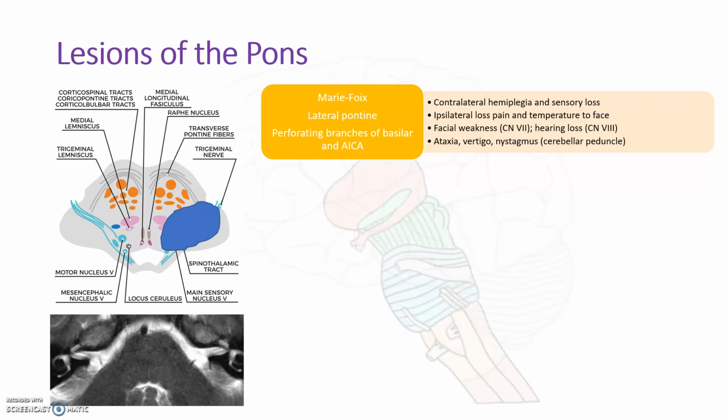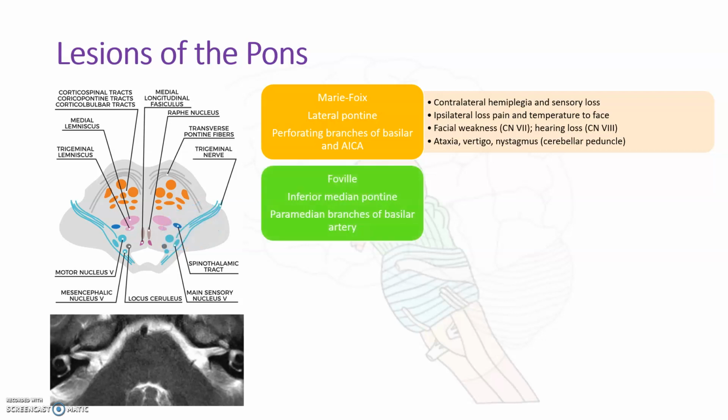As we said, the pain fibers do not cross over, so you get ipsilateral loss of pain and temperature sensation, particularly to the face. The seventh nerve nucleus may be affected, so you get facial weakness, and then hearing loss because the eighth nerve nucleus can be affected, but also ataxia, vertigo, and nystagmus because the cerebellar peduncles might be affected.